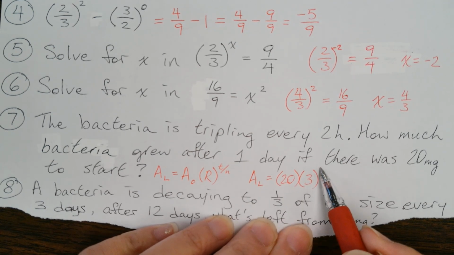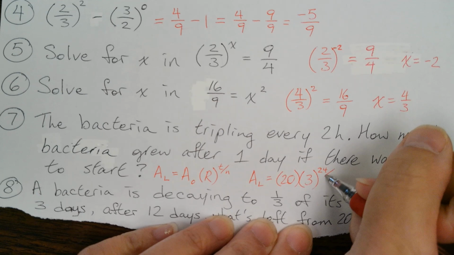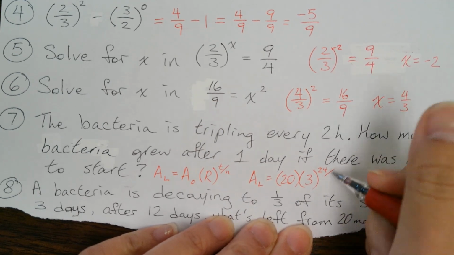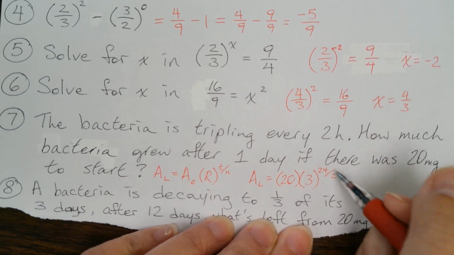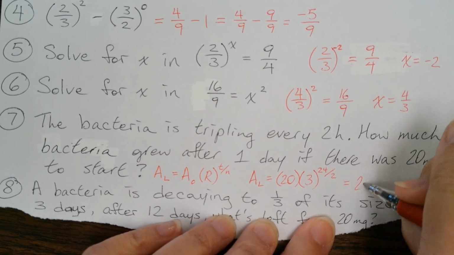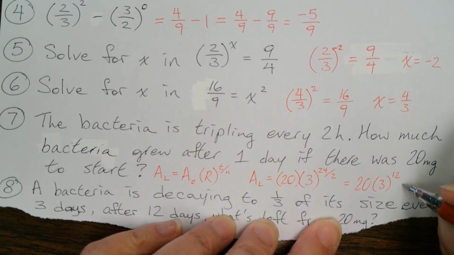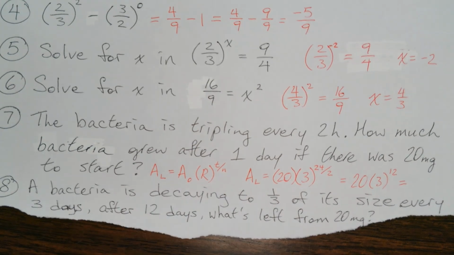Should I put a 1 here? What should I put? 24 because it's changing every 2 hours. So we need this consistent unit. So 24 over 2. So you have 20 times 3 to the power of 12. And then you will get your answer.